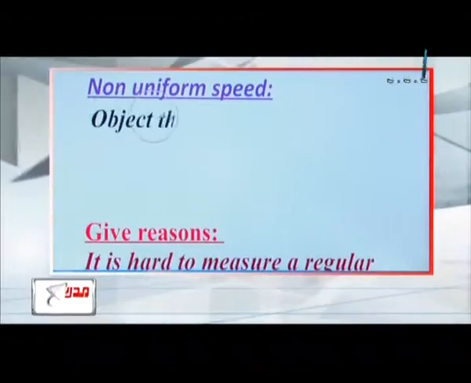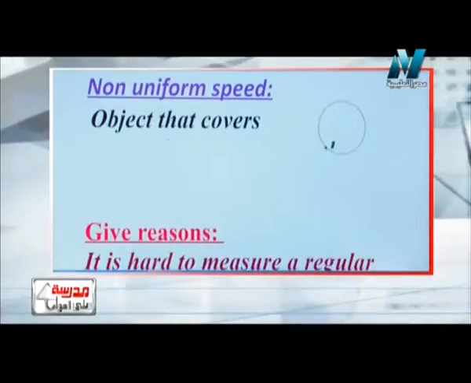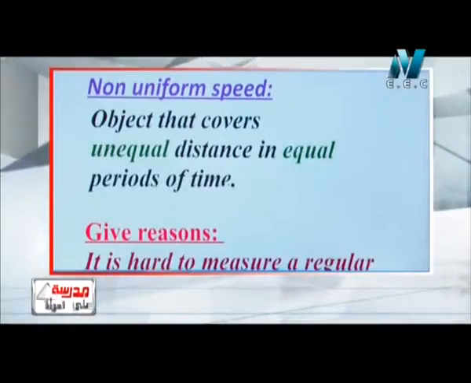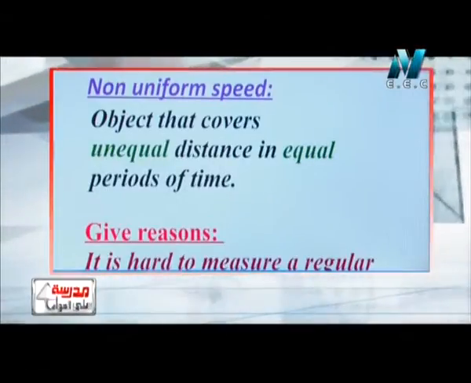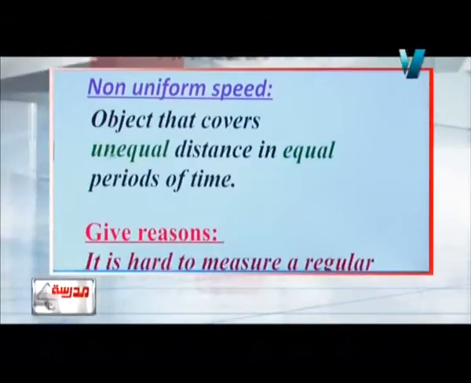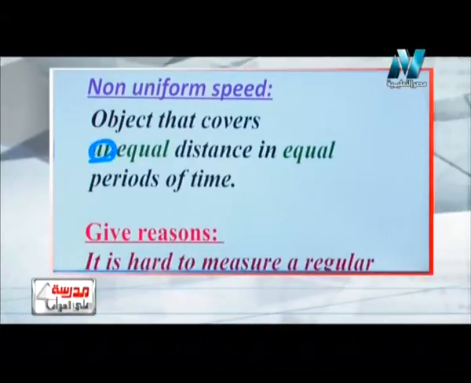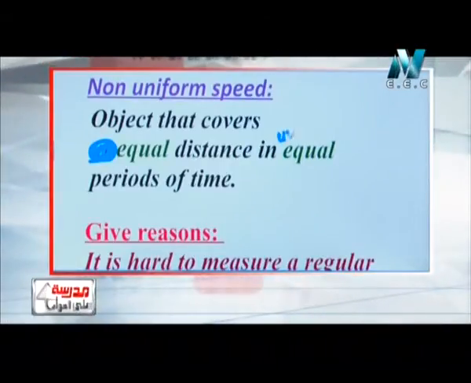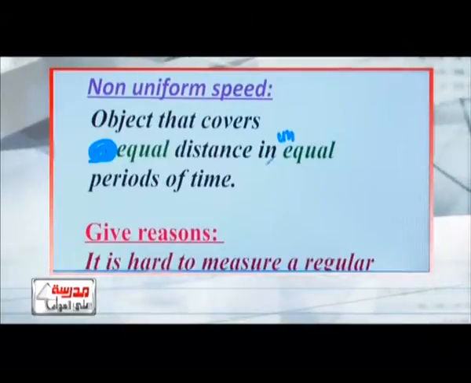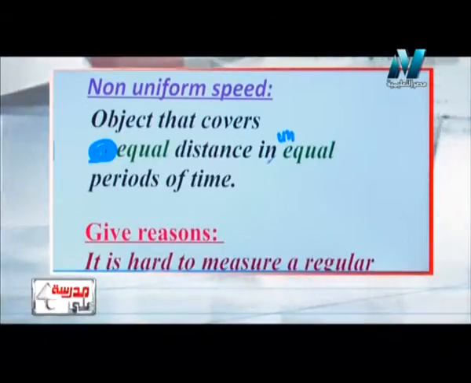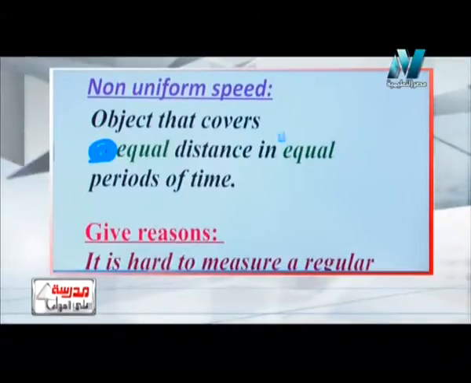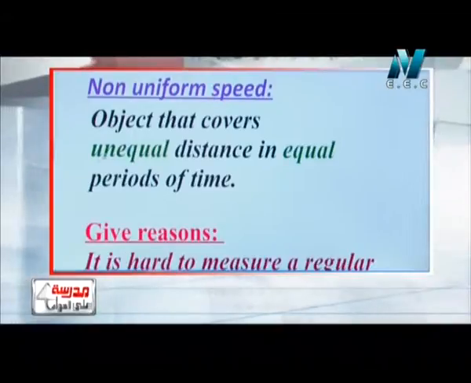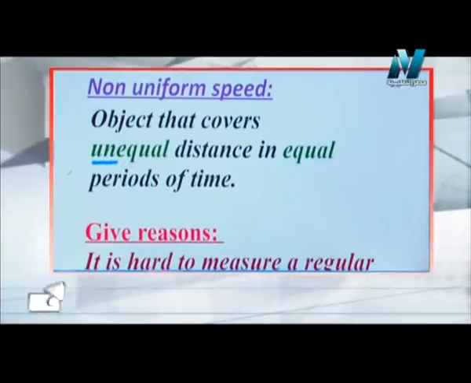So here we have an object that covers unequal distances in equal periods of time, or the opposite: an object that covers equal distances at unequal periods of time, one of them equal and the other unequal. Or I can say the object covers unequal distances at equal periods of time.